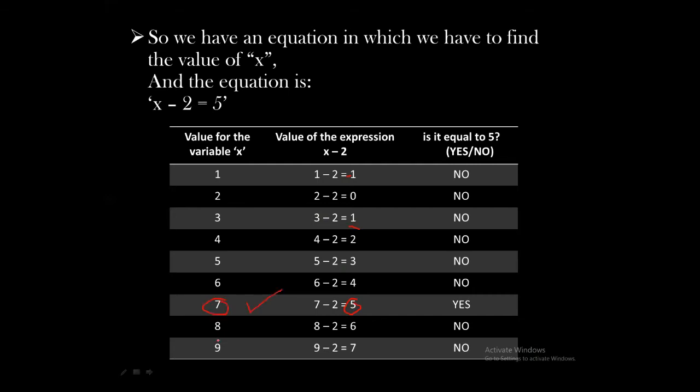You can try the rest too. 8 minus 2 is equal to 6, so no. 9 minus 2 is equal to 7, so the answer is no. So we have found our value of x. Here x is equal to 7, because 7 minus 2 is giving us 5. The others were giving us different answers.